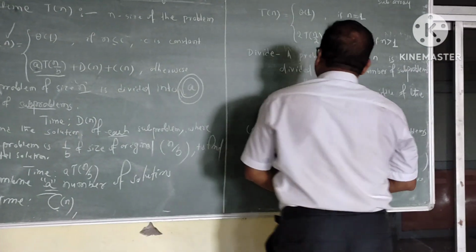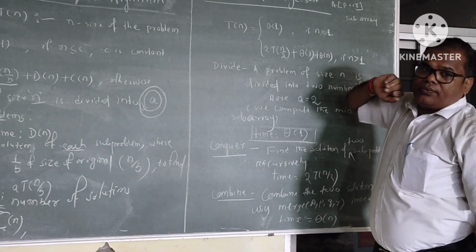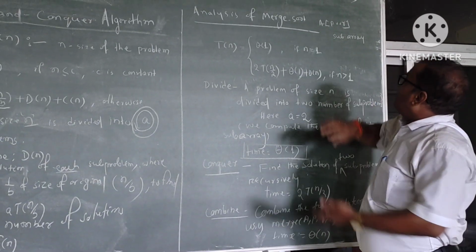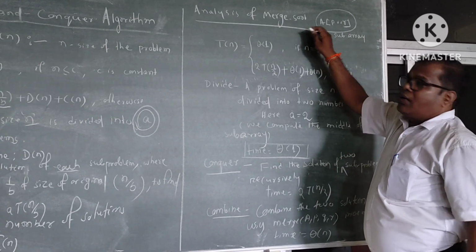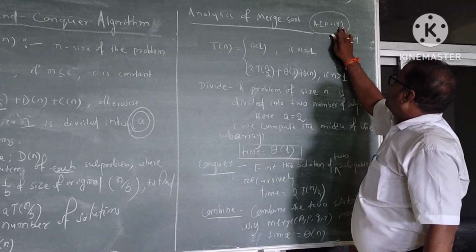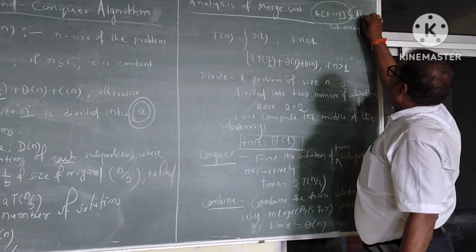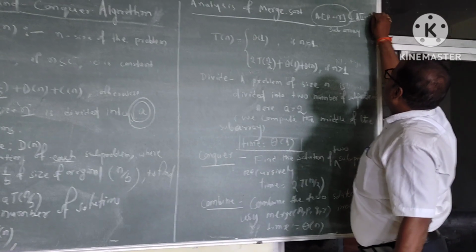Now let us come to this one. Here we are focusing on the analysis of merge sort. We are analyzing merge sort for the subarray A, p to r. This is a subset of the sequence of elements A that begins from 1 to n.